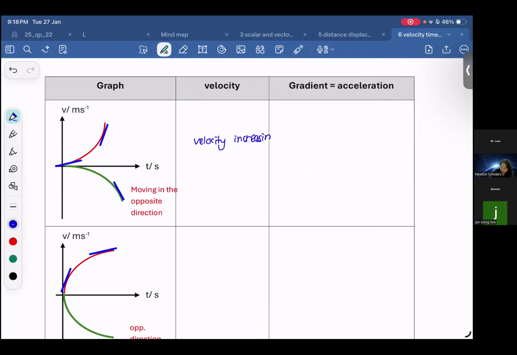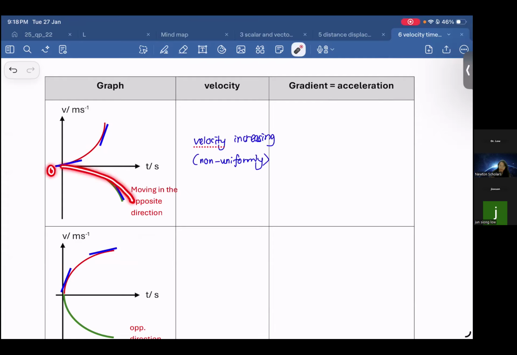But this is not a straight line, so it is non-uniformly increasing velocity. The bottom part, the green color, is also increasing speed there. This is 0, this is maybe 8. The green line is also increasing velocity, just in the opposite direction only.